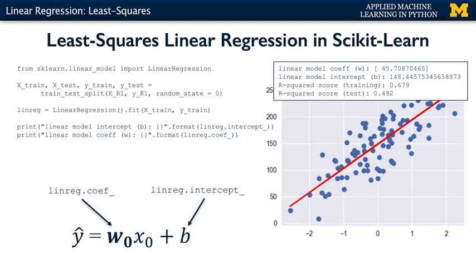If we dump the coef_ and intercept_ attributes for this simple example, we see that because there's only one input feature variable, there's only one element in the coef_ list, the value 45.7. The intercept attribute has a value of about 148.4. And we can see that, indeed, these correspond to the red line shown in the plot, which has a slope of 45.7 and a y-intercept of about 148.4.